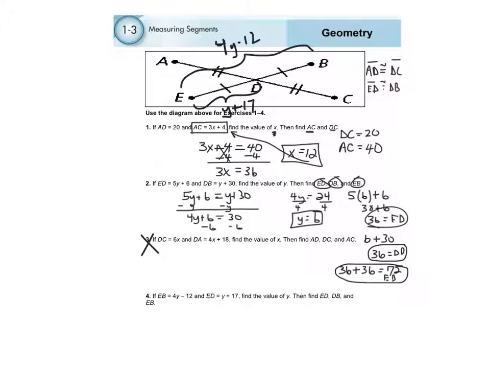Now, D is still the midpoint of segment EB, so D is still in the middle, but you'll notice, as you remember, these tick marks mean that these two segments are the same thing. So in this case, DB is also y plus 17. To solve this one, we're going to say part plus part equals whole.